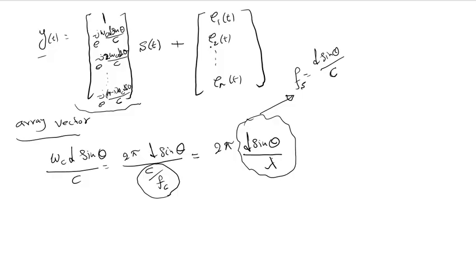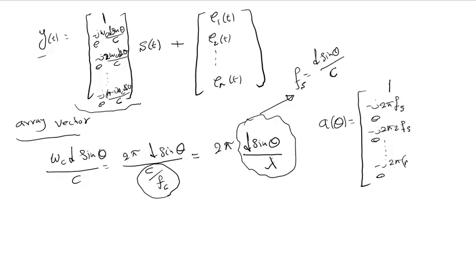So based on this, the array vector equals [1, e^{−j2π f_s}, e^{−j2π 2f_s}, ...]. This is a Vandermonde vector.